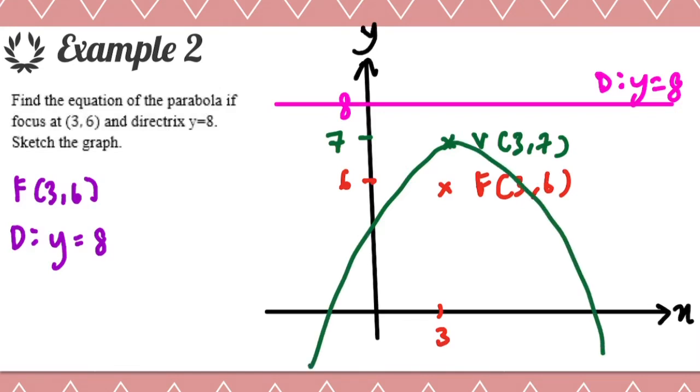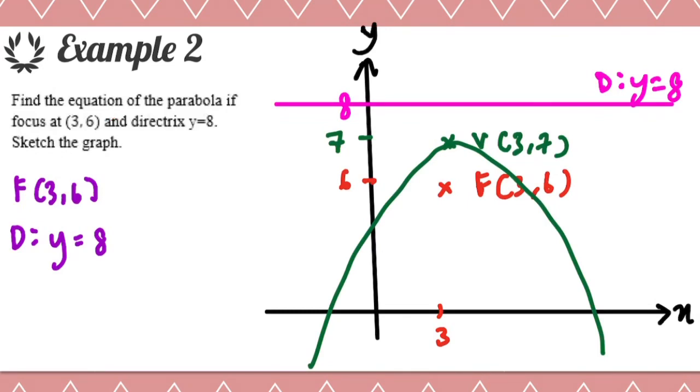So the graph is opening down. Let me explain again: in front of the vertex you have the focus, and at the back of the vertex should be the directrix line. So now we have answered the question because we have sketched the graph.